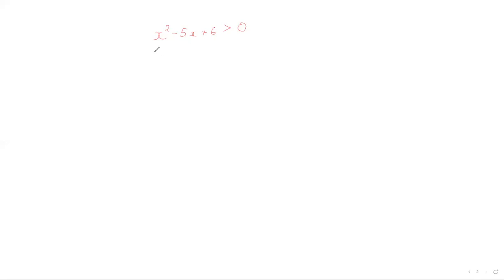So the factors here are going to be x minus 3 into x minus 2. Now, remember, we said A multiplied by B is greater than 0. That's the key. This one will be A, and that will be B.